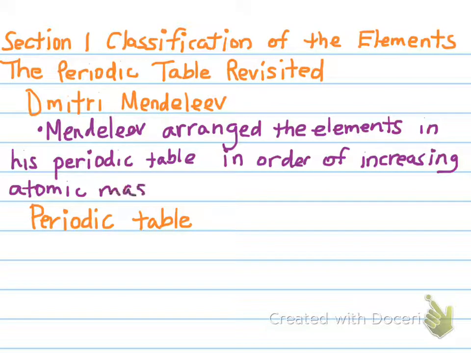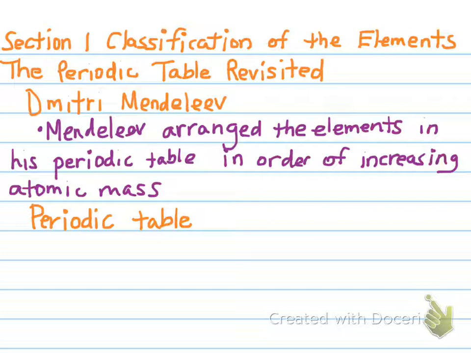Remember that he did his work before they knew about protons, electrons, and neutrons in the atom, so he used atomic mass. He realized that his periodic table was probably not correct, and he actually left some empty spots for elements that had yet to be discovered.